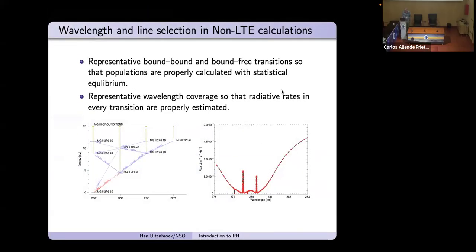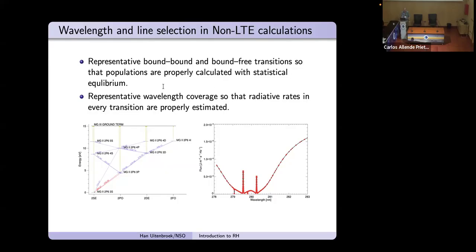So again, one word more about the wavelength choice. To represent a bound or bound-free transition that is used to calculate population numbers, we need to solve statistical equilibrium, which is the equilibrium that finds the solution for a given set of collisional and radiative rates.